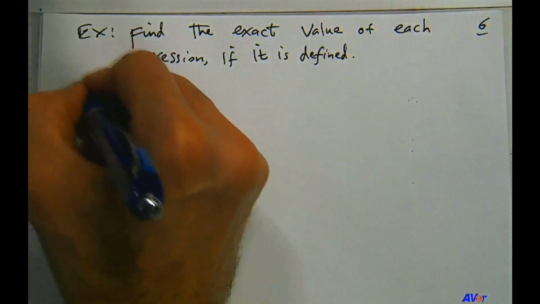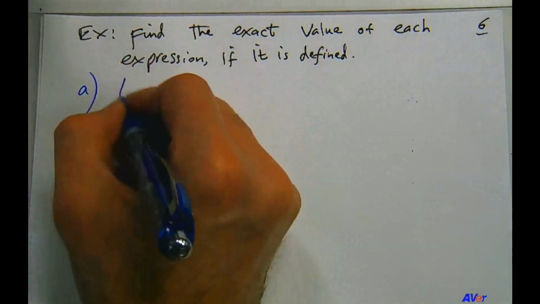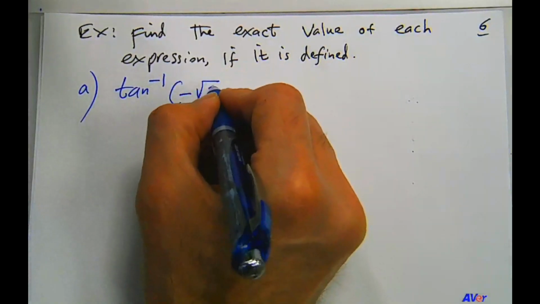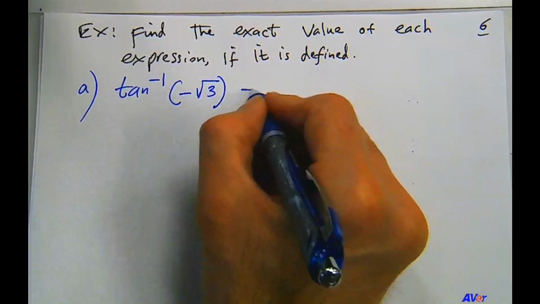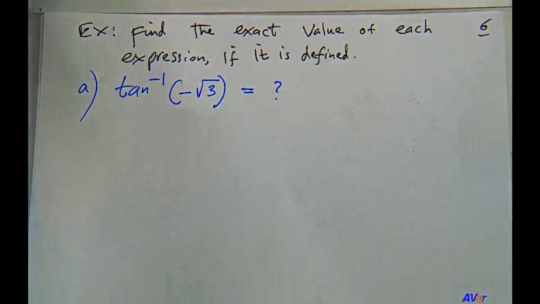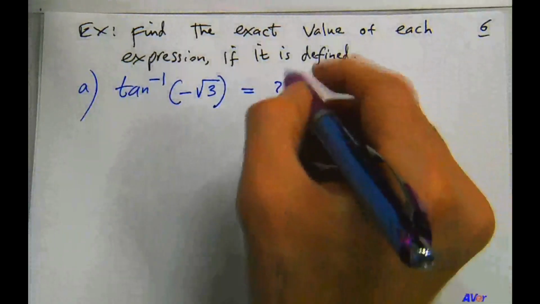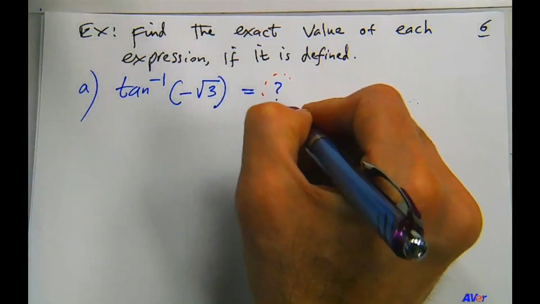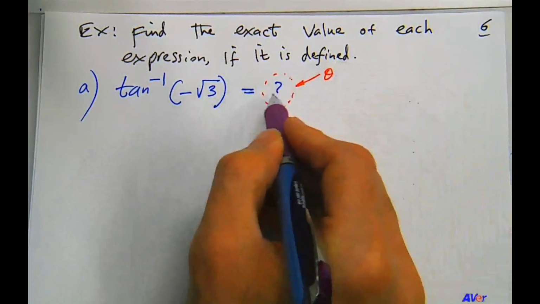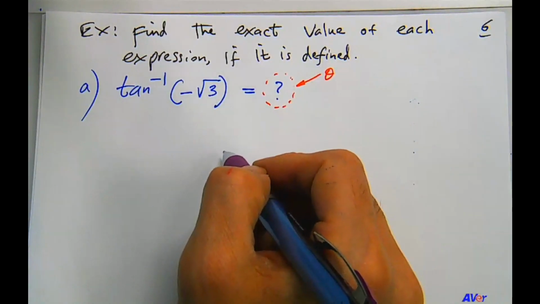So let's do part A, and we want to find the inverse tangent of negative square root of 3 equals a question mark. You already know what I'm going to do. I'm going to draw a dashed circle over this and say, hey guys, that's a theta, that's an angle we're looking for on the other side.